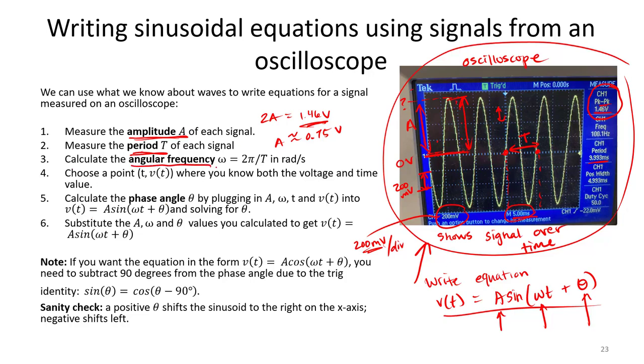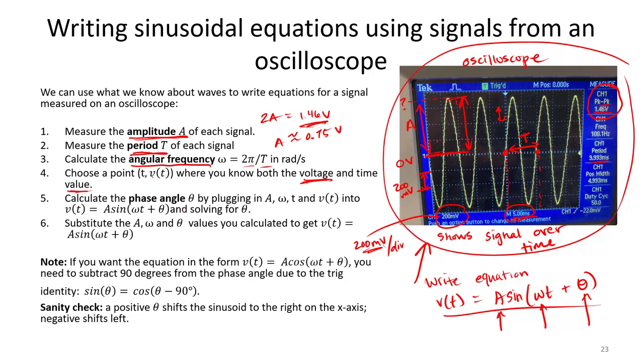Third step is we find our angular frequency. And to do that, we just take 2 pi divided by our period. The last step is to find phase angle. The easiest way to find phase angle is to choose a point on your sinusoid where you know both the voltage or the amplitude of that signal at that given point and the time value.